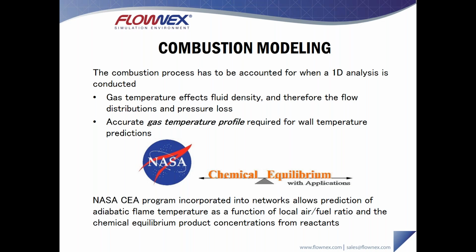So how Flownex handles the combustion modeling process is by linking to a NASA CEA program. This all happens in the background. The user isn't really aware of that, and it's not very difficult to set up. But what it's essentially doing, based on air-fuel ratio and the fuel composition, is calculating what the adiabatic flame temperature is, and also the composition of your off gases as well.